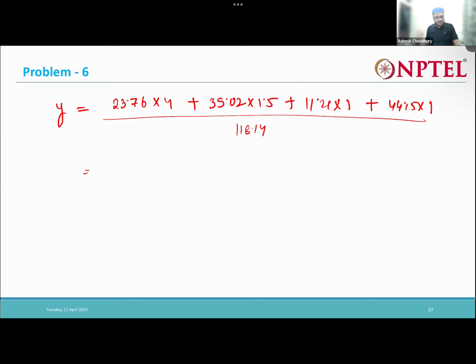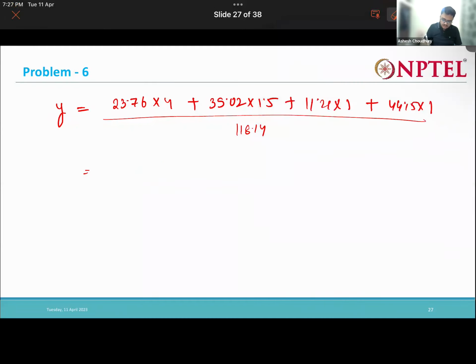So let us find out y. It comes to 1.77, approximately 0.77.